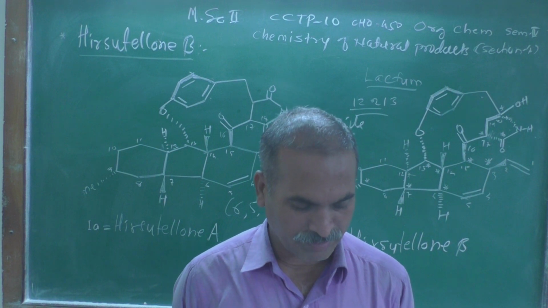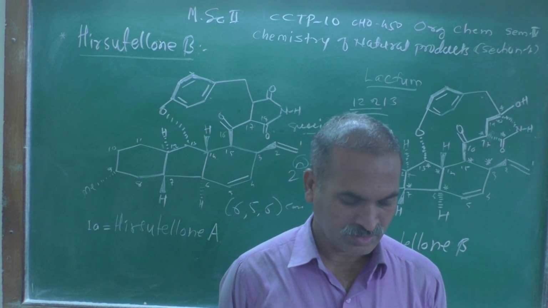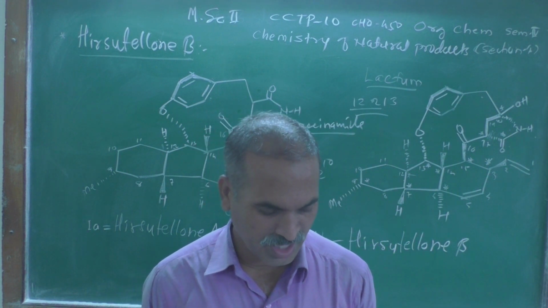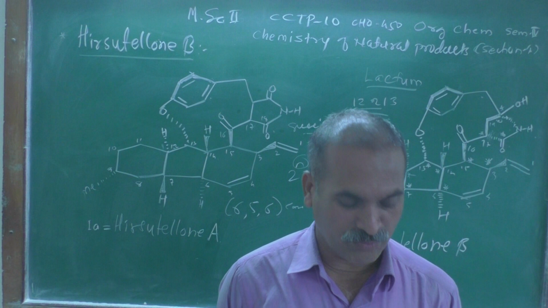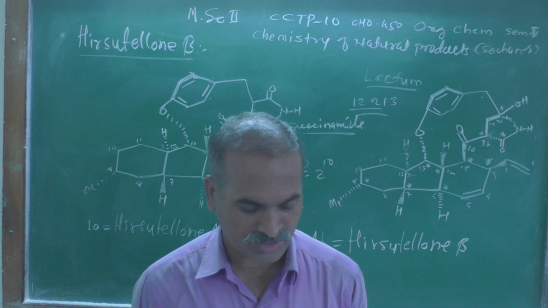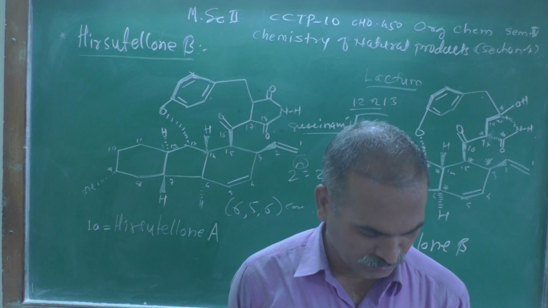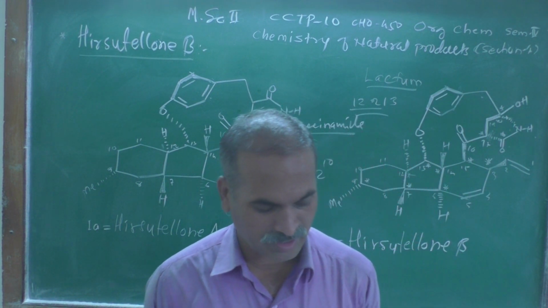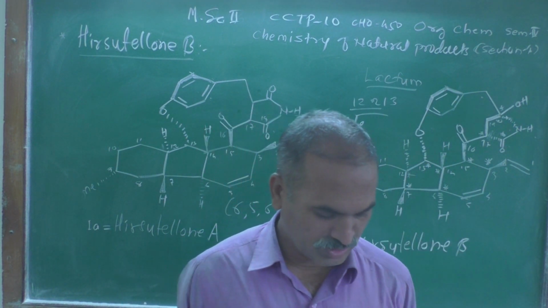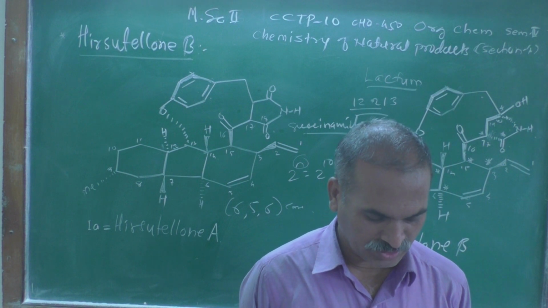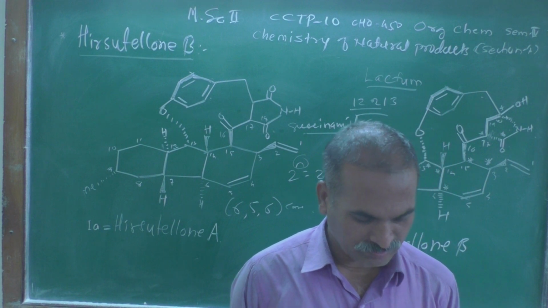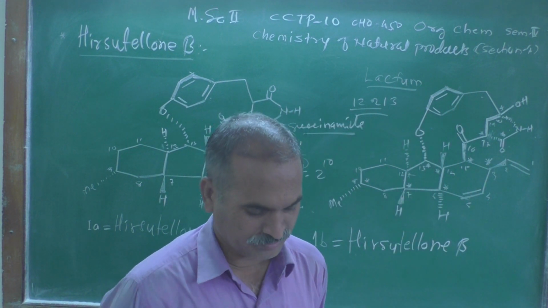This paper was published in 2019 in Angewandte Chemie International Edition, volume 48, pages 6870 to 6874, nearly 5 pages. And Figure 1 shows the molecular structures of hirsutolones A and B.